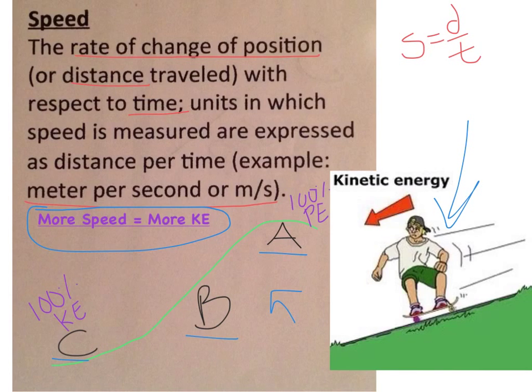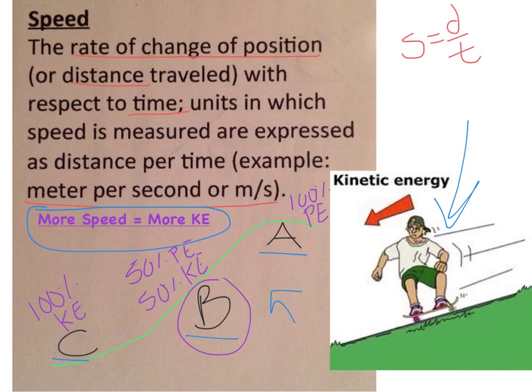So how much potential energy and kinetic energy do you think the skater would have at point B if it's halfway between the two? Excellent job. Since potential energy starts to change into kinetic energy, at point B, the skater would have 50% potential energy and 50% kinetic energy.